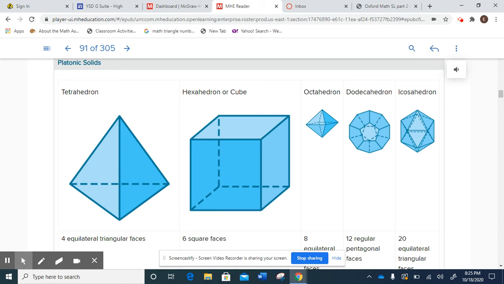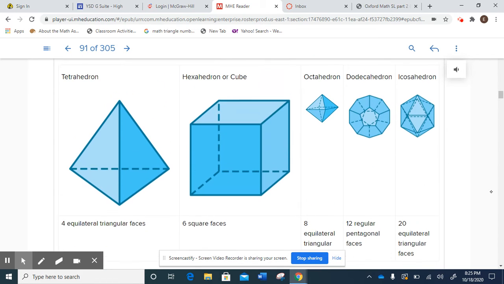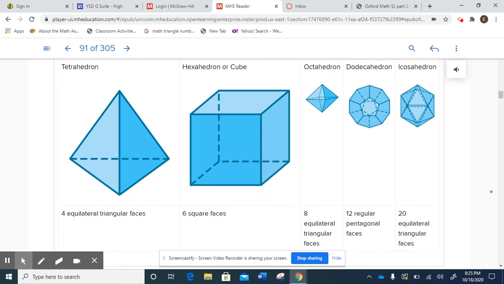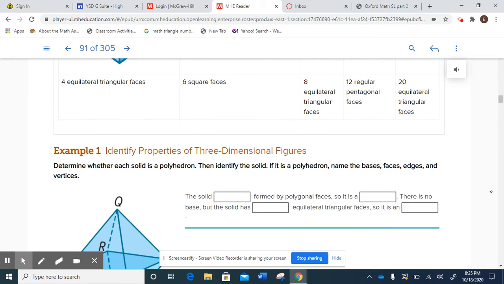Same thing, cube or hexahedron has all the same faces, so they're all equal square faces there. And then here's a couple other ones here on the right side. We have octahedron, decahedron, and then icosahedron. And those ones are definitely hard to draw and a little bit more rare.